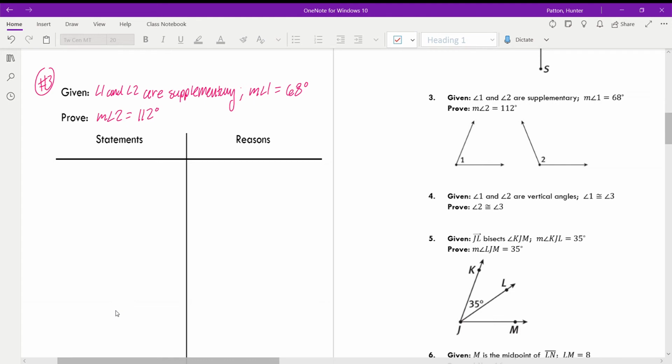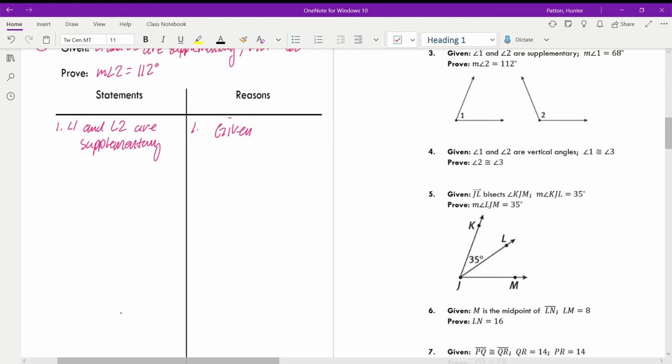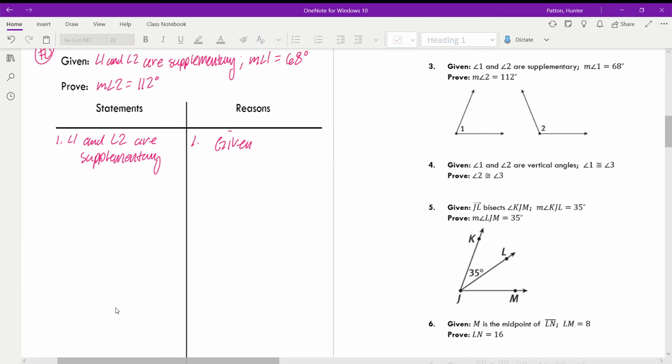All right, first statement. Angle 1 and angle 2 are supplementary. That's our given. Let's think about what I know if two angles are supplementary. Well, I know that their measures add up to 180 degrees, and we write it like this.